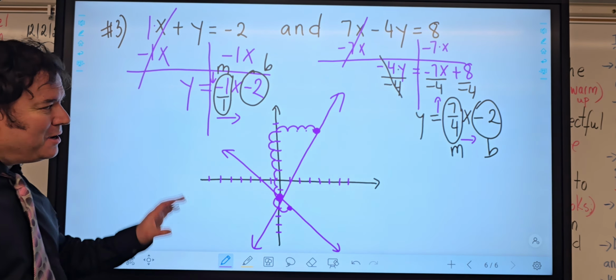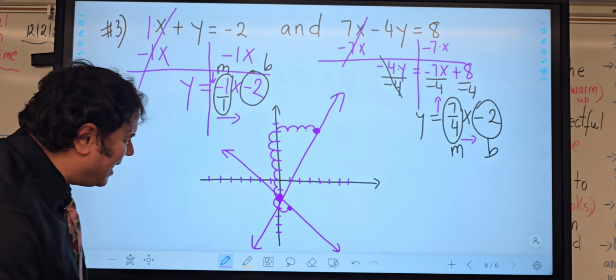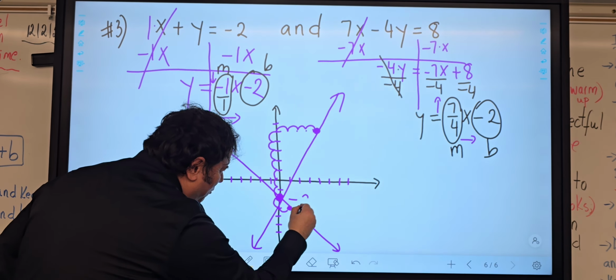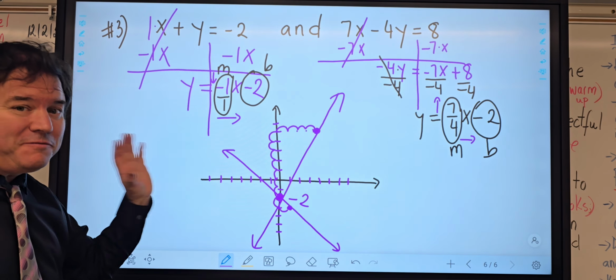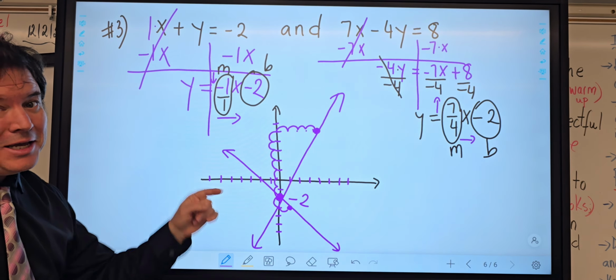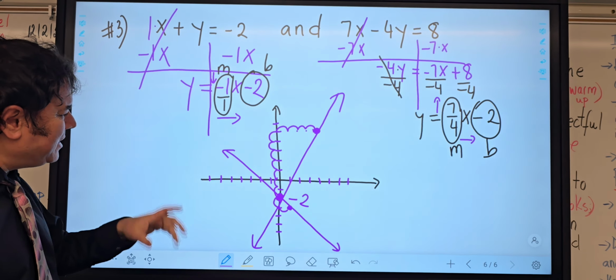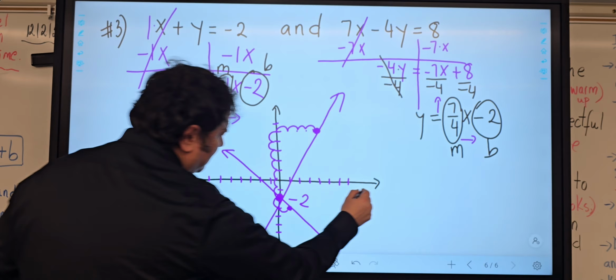And we see that both lines intersect at that -2, right? This -2, both lines intersect at -2, right? But that -2 is our y-intercept, right? It's not the x, it's the b, right? The y-intercept. So now the x for that point, x is 0, right?